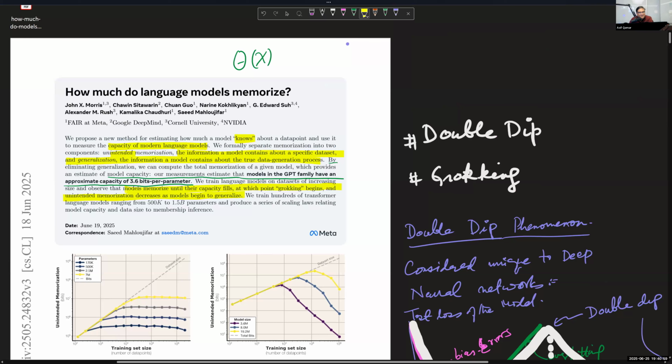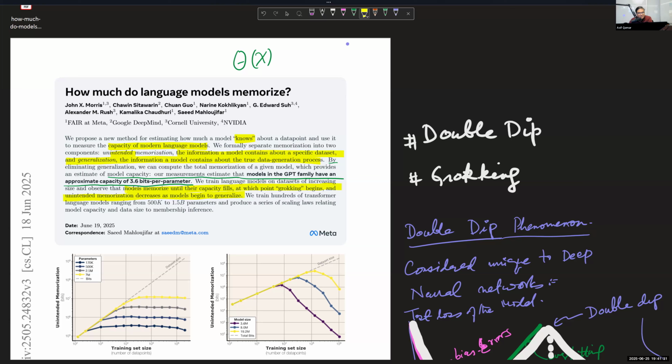They said very explicitly, they observed that the models memorize until their capacity fills. They can't memorize anymore, at which point grokking begins and unintended memorization decreases as the model begins to generalize. Means once you see the pattern, there is no reason to remember, isn't it? And as in the paper we did many months ago, we saw that the machine was actually aggressively trying to forget. And this is along those lines.